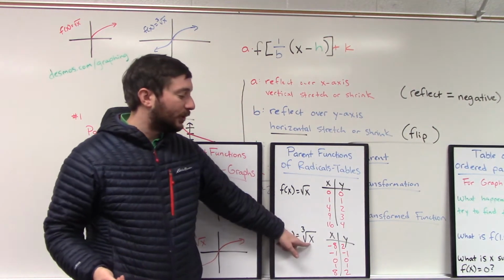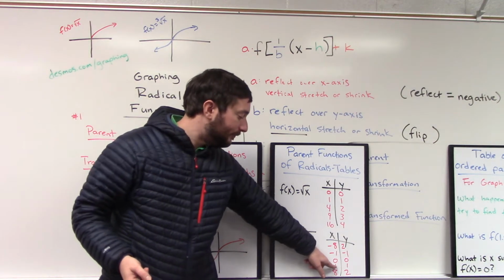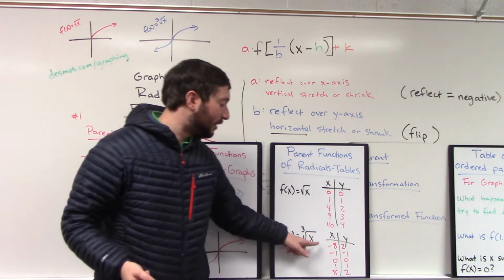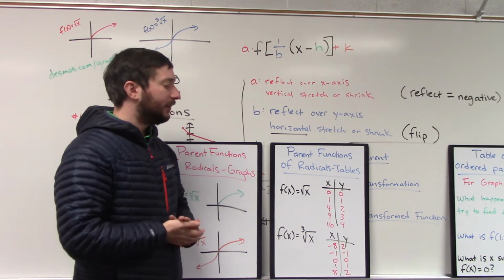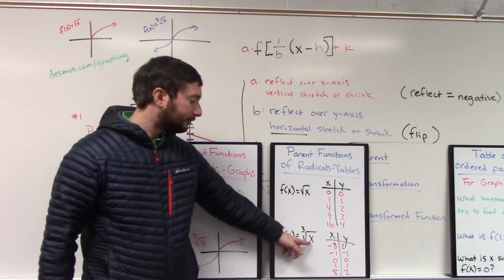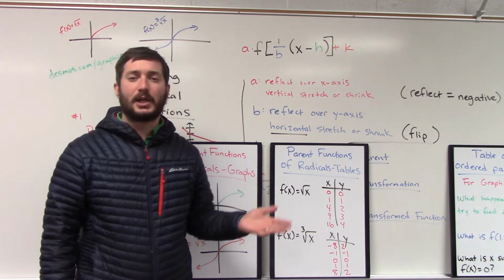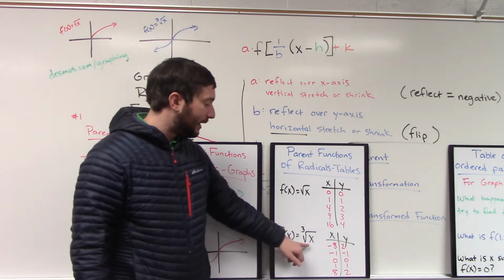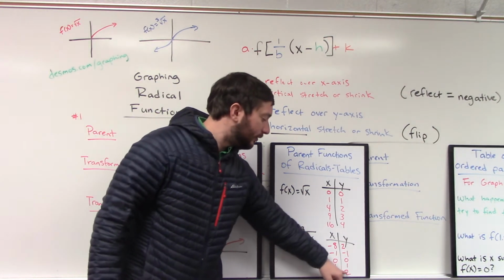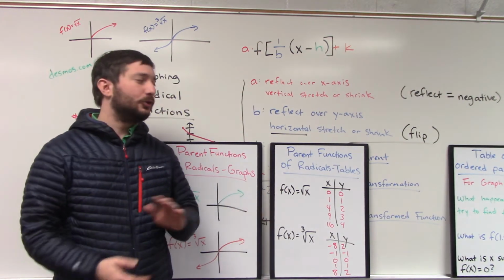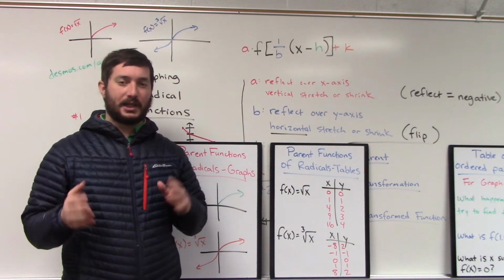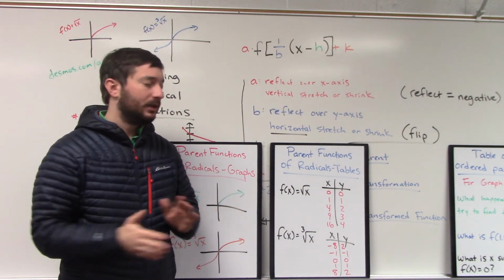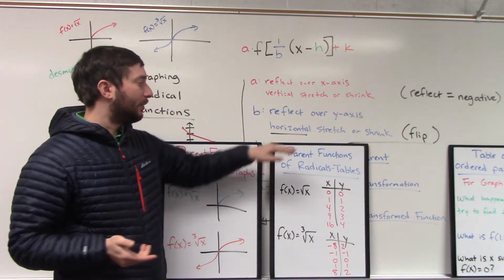And what times what times what would be 1? 1 times 1 times 1 would be 1. So when x is 1, y is 1. You can find other values like the cube root of 8. 2 times 2 times 2 is 8. So when x is 8, that simplifies to y being 2. That just helps you get a little bit of an understanding of what tables of coordinate points, x comma y, should look like.